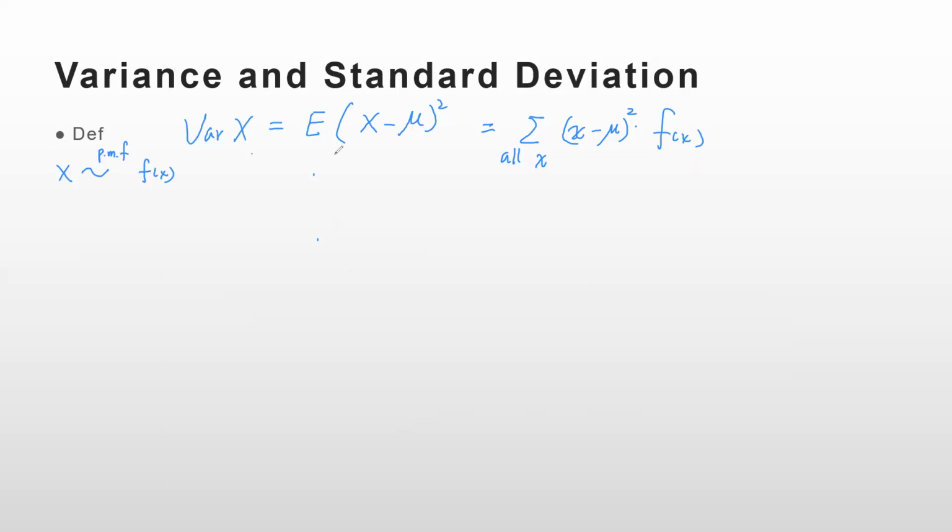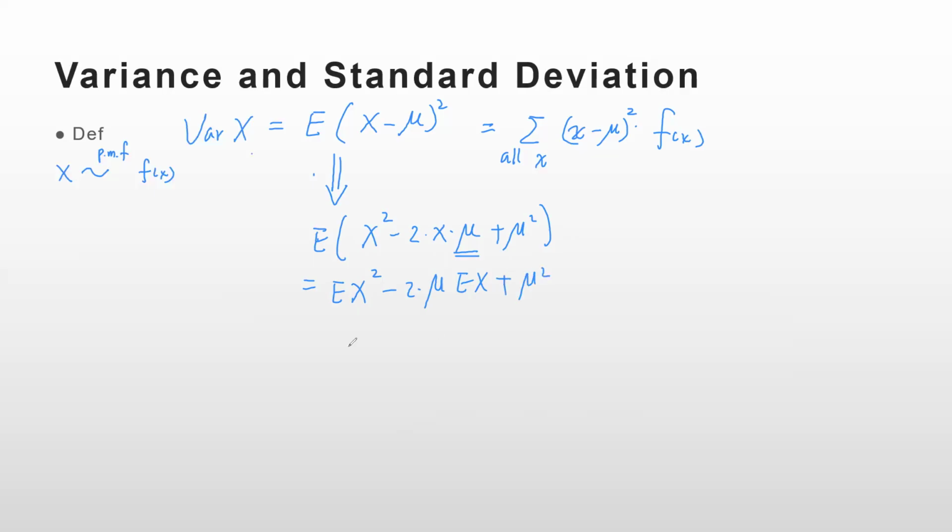So I'm going to work with this quantity. I expand the square: x squared minus 2 times x times mu plus mu squared. We know expectation is linear, so I have 2 times mu times E of x. Notice mu is a number, that's the expectation, it's a number.